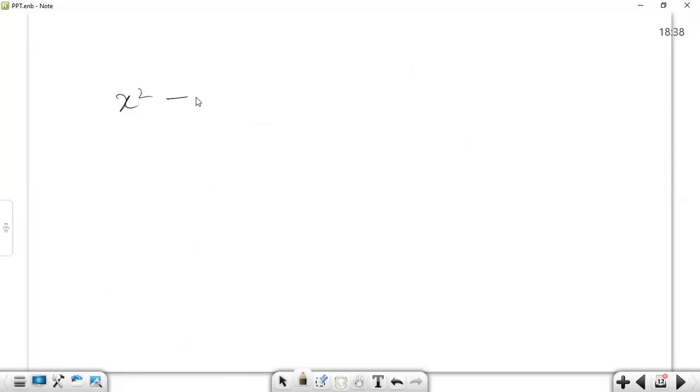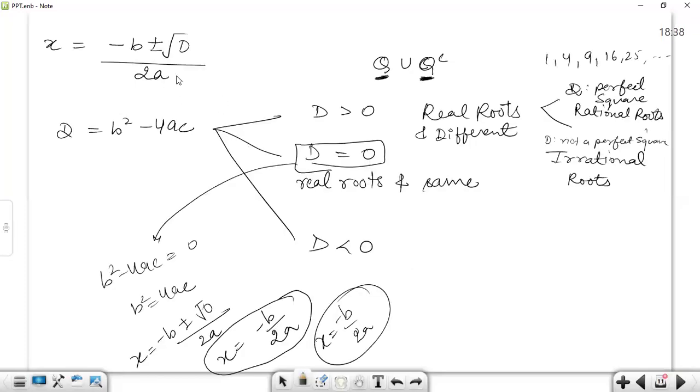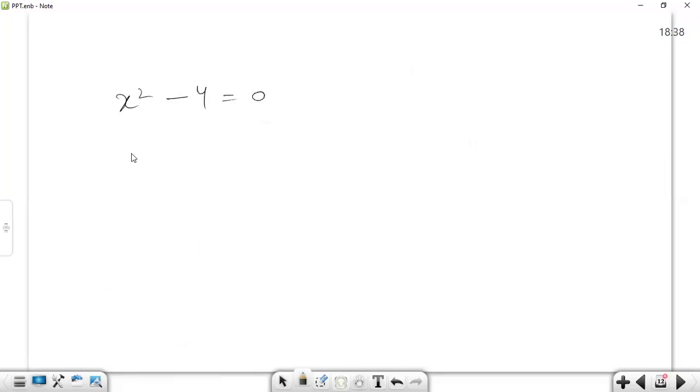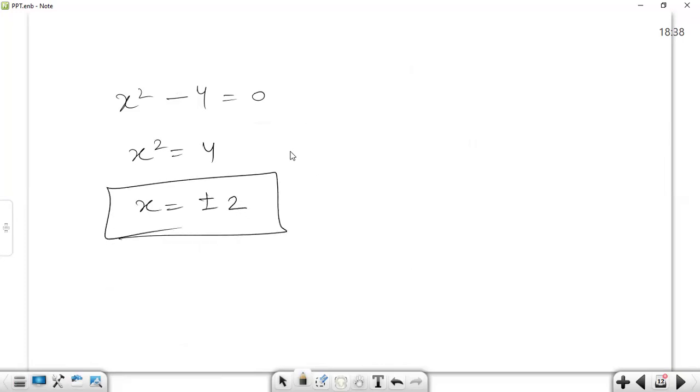x square minus 4 is equal to 0. x square is equal to 4, x is equal to plus minus 2. No, this is a different example. This is a pure quadratic equation. There are two different roots here.